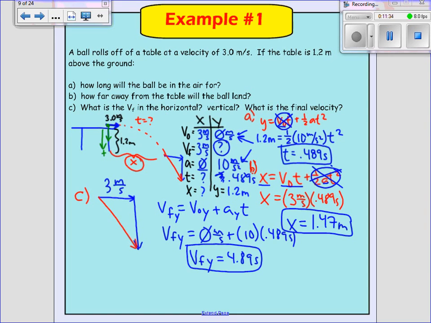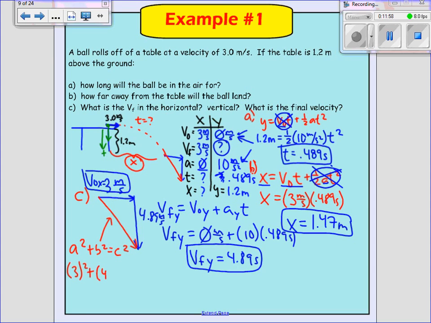So I've got my x velocity over here is 3 meters per second. I've got my y velocity is 4.89 meters per second, and that's going to be this side. And now to find the final velocity, we can solve for this vector here using the Pythagorean theorem. The Pythagorean theorem is a squared plus b squared equals c squared. My a is 3.